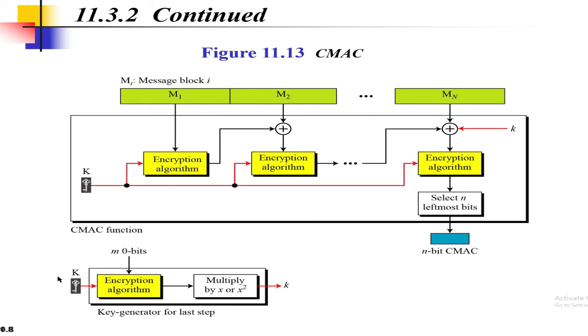The key, small k, is derived by applying the encryption algorithm to a plaintext of M0 bits using the cipher key, capital K. The result is then multiplied by X if no padding is applied, and by X squared if padding is applied, and the output of this is small k. Okay, thank you.